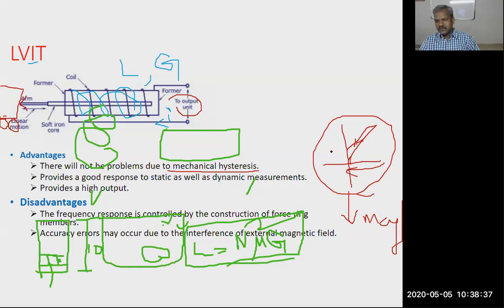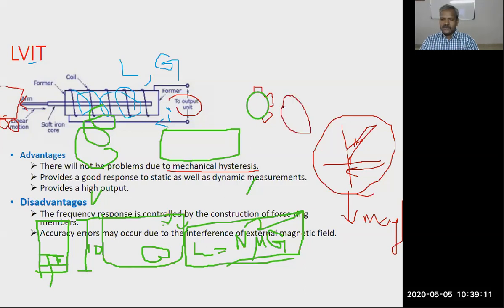Similar to this, in mechanical systems, you know the gears. In gears there is a contact area, and another gear is here.